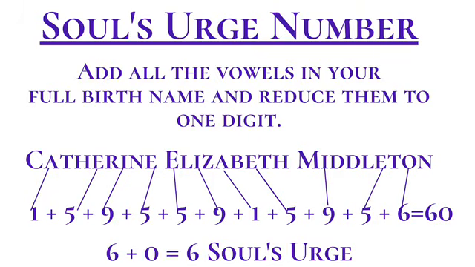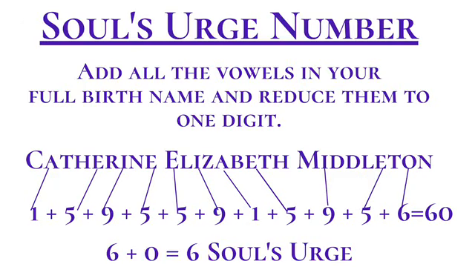So here we have Kate Middleton. I recently just did a video on her numerology, so I figured why not use her today? So her first, middle, and last name is Catherine Elizabeth Middleton. And so I looked up the numbers corresponding to only the vowels in her name. So as you can see, A equals 1, E equals 5, I equals 9, and E equals 5.